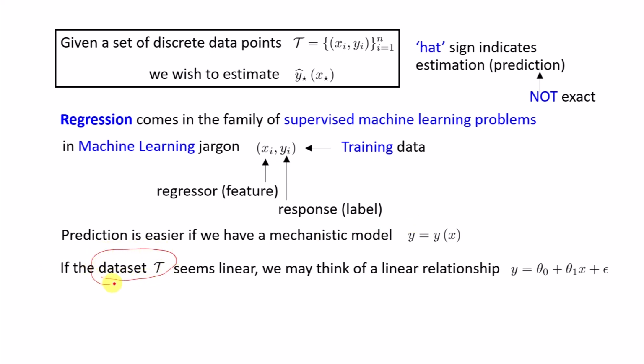Then first we have to take an idea, take a guess. It may be from some physical information, maybe how the data looks. In this case, we are talking about the situation where the data set looks linear. That means x and y are linearly related.